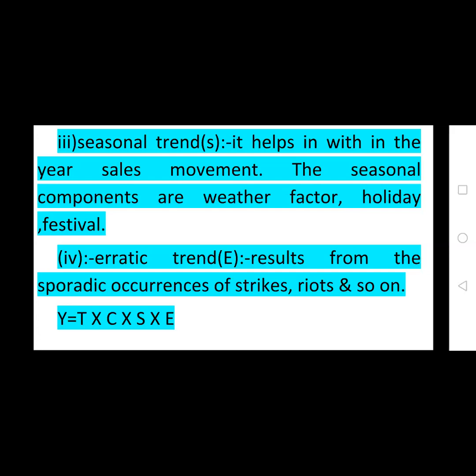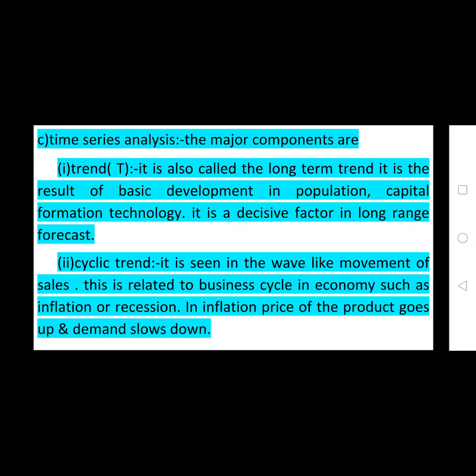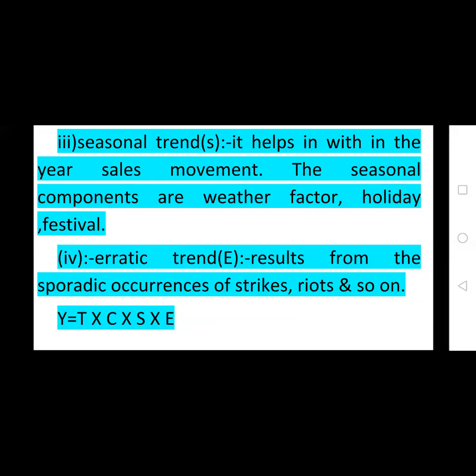But for estimating the future demand, you consider these factors also. These are the major components in time series analysis: the trend, the cyclic trend, the seasonal trend, and the erratic trend.